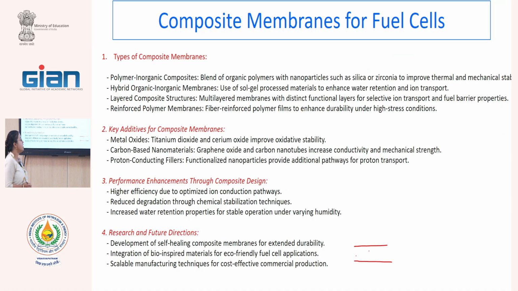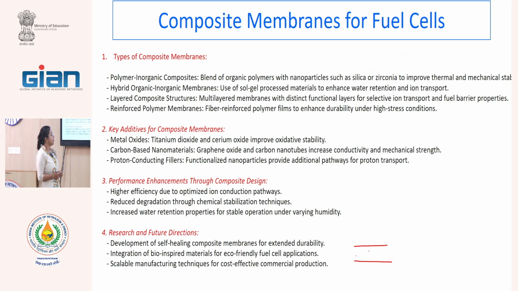So for dimensional stability, we can use some metal composite to make it more stable. The most popular and very effective method for preparation of these materials is the sol-gel process, where you have a sol prepared and a gel, then you mix them together and make a coating to get a stable membrane.